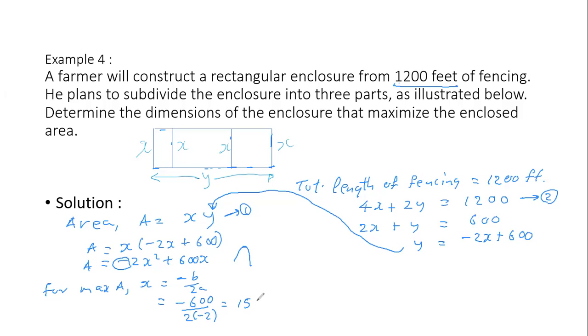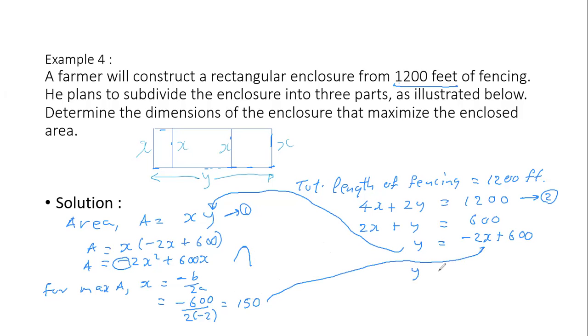That means x is 150. This is the x value, and we can find the y value by substituting this x value in this equation.